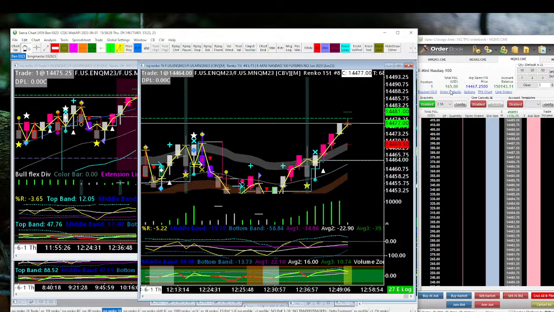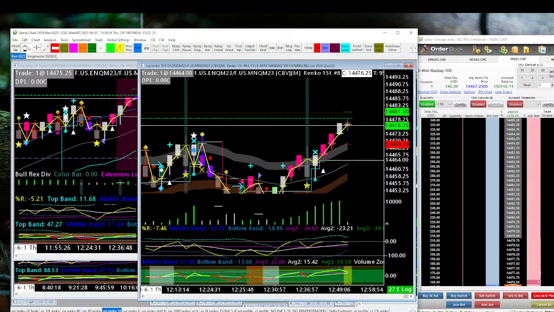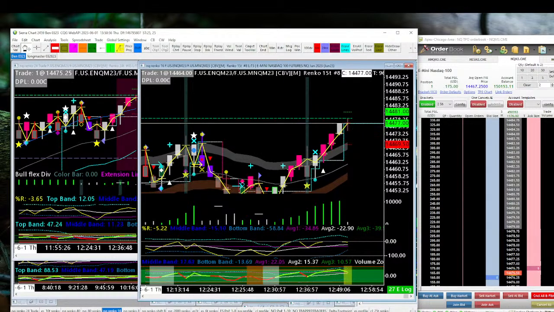So in other words, if it drops now, it doesn't matter, because I've already gotten my max account level hit. It's 4,500 from that max level. So I guess it does matter, but it's not going to make it worse than I was before I took this trade, which is really the problem that you want to avoid.